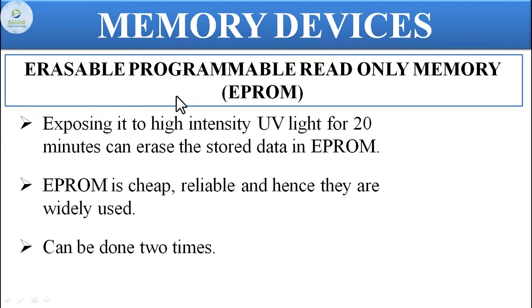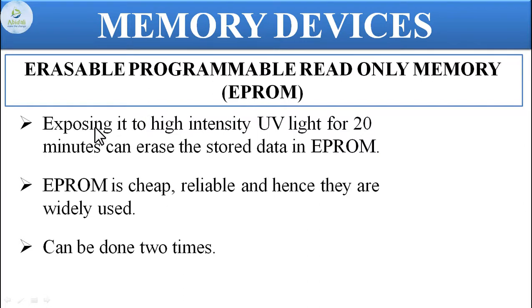The next kind of ROM that we have is erasable programmable read-only memory. You can erase it, but not many times, only a few times, which I will tell you.